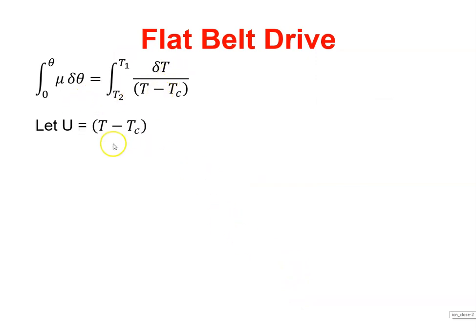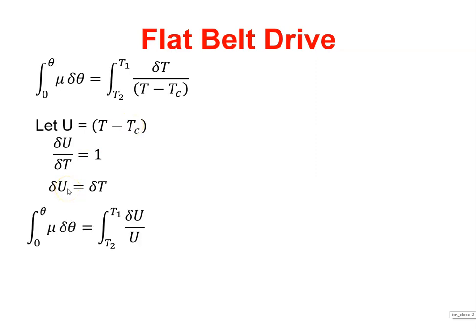So if I let u equal T minus Tc, then du/dT is equal to 1. Tc is just a constant in this sense. So du is equal to dT. So my integration becomes the integral of mu d theta equals the integral of 1 over u times du. And when I integrate that, I get mu times theta is equal to the natural log of u. And that becomes the natural log of T minus Tc between the limits of T1 and T2.